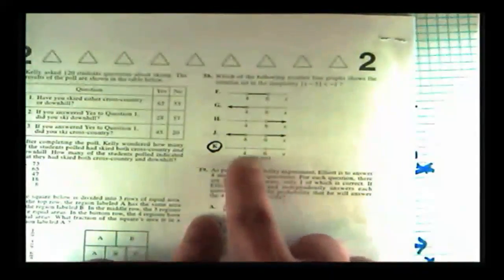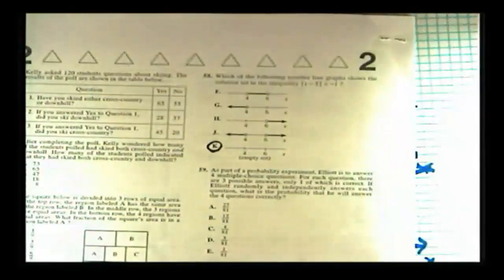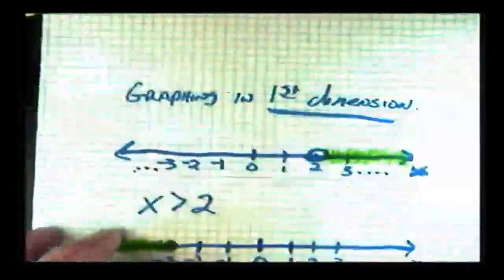So I'm going to solve this problem for you. As you can see, I already have the answer circled. It's not an actual graph. We can't graph this, but I will show you why the answer for this one is K, the empty set. So let's take a look at this problem.